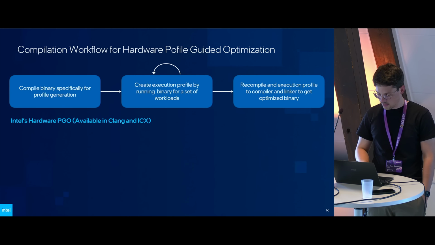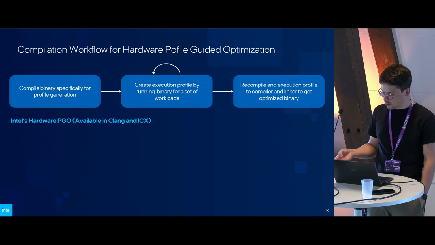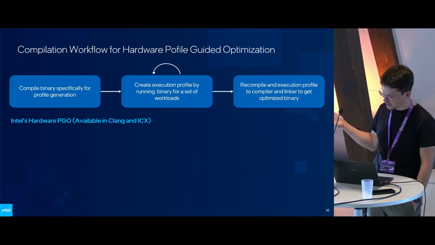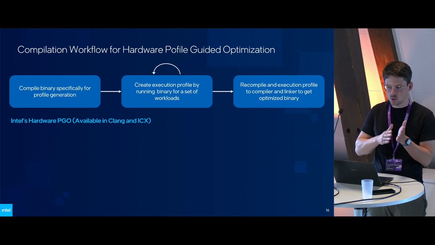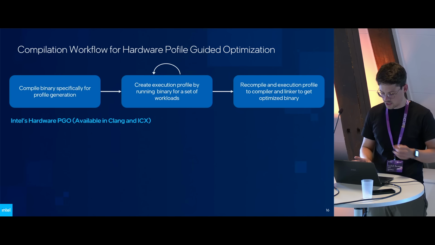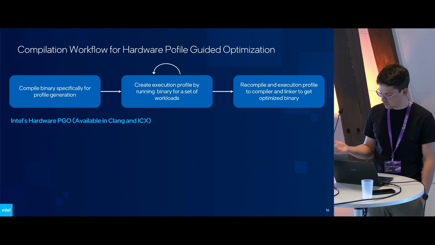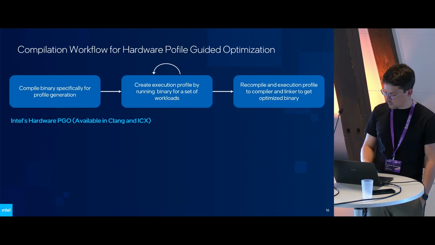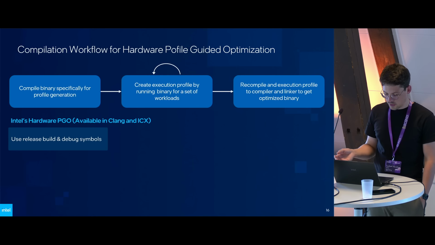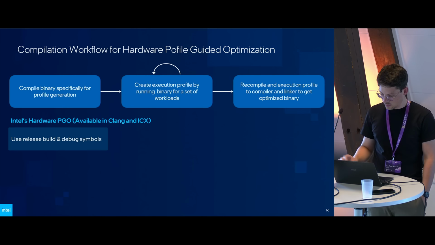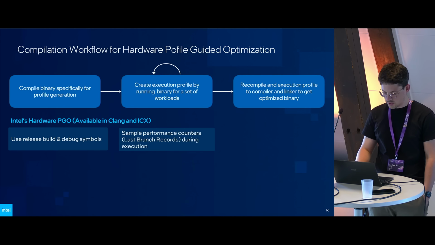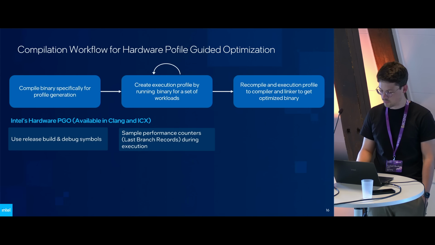So the solution for that, which Intel developed, is called hardware profile guided optimization. This approach tries to work around all these issues that I just presented. For HWPGO, for the profile generation, we can use a release build and just require debug symbols with it. And instead of instrumentation, we just use performance counters that we sample.